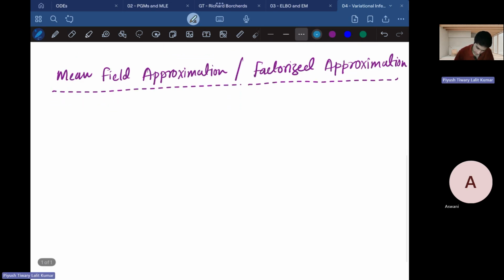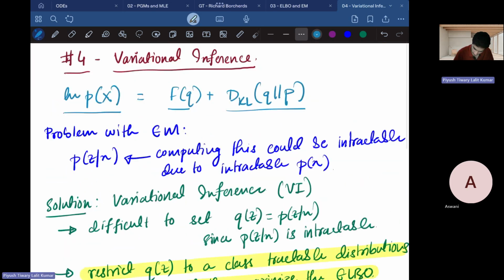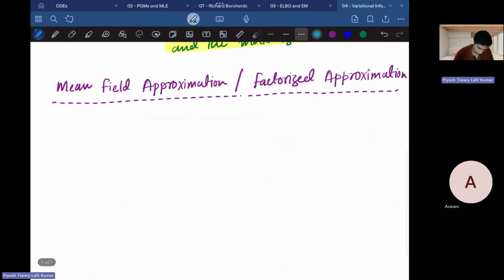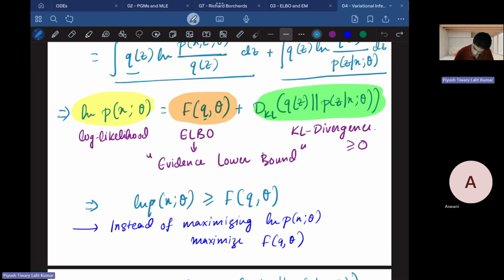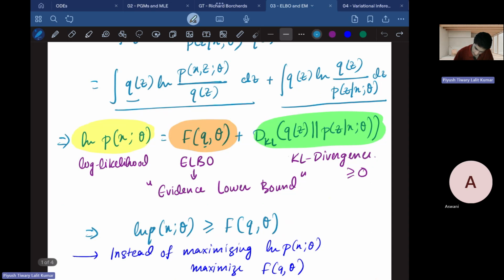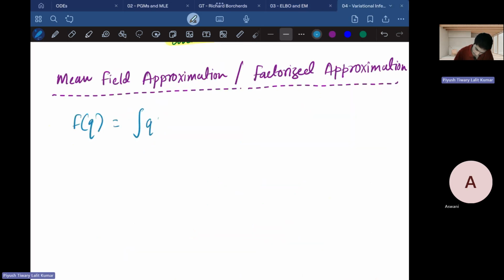So again, let us write down our ELBO. From last lecture, let us recall what F was. Your F of Q, remember from last class, was the integral of Q of Z log of P of X comma Z by Q of Z dZ.